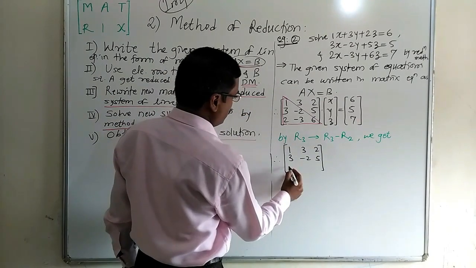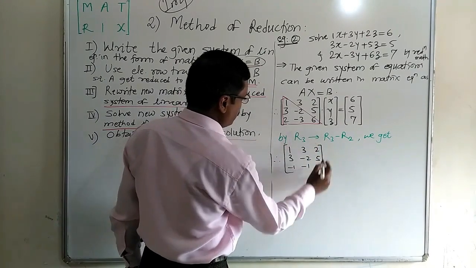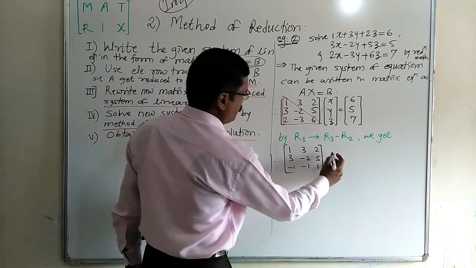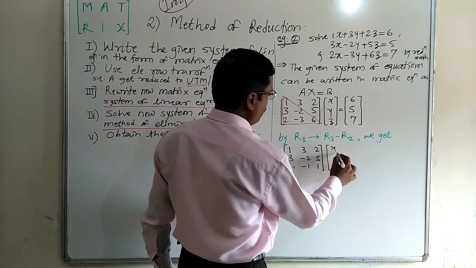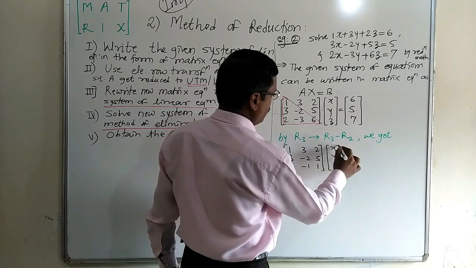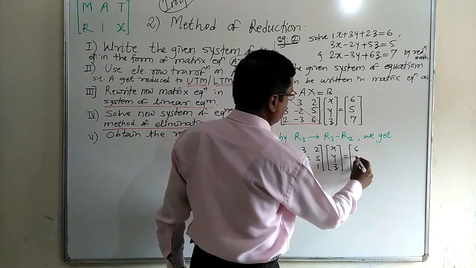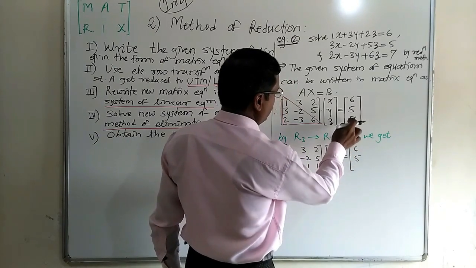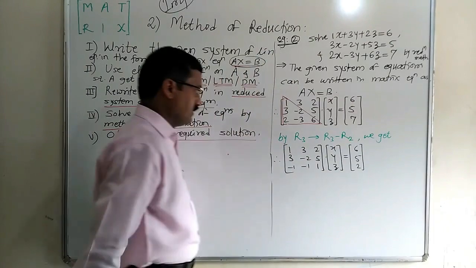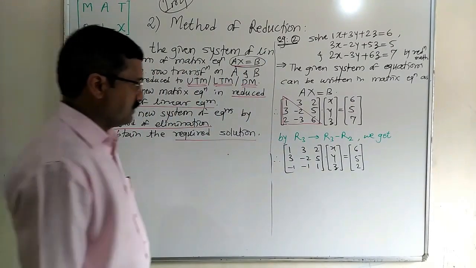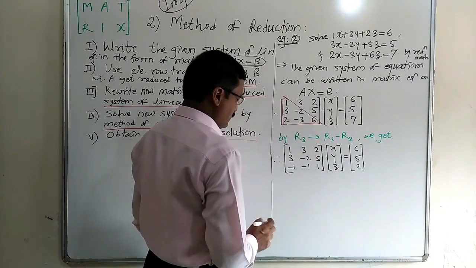Now this minus this gives us minus 1, this minus this gives us again minus 1, and this plus 1, into x, y, z, is equal to 6, 5, and R3 minus R2 gives here 2. This is the first operation, by which we get 1 here. Now we can easily obtain zeros at these two positions.